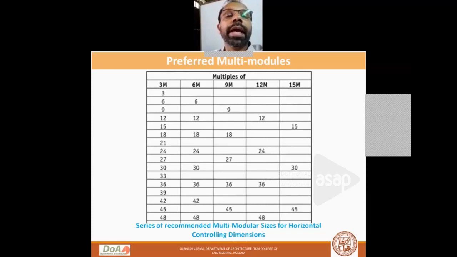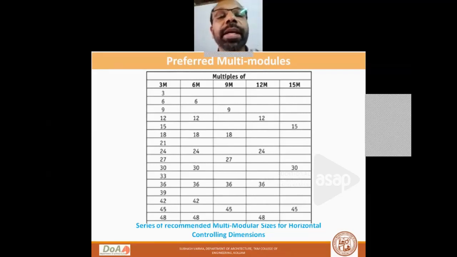So you can see that in the first column, the 3M module can be fit to more planning modules: 3 by 3 planning module, 6 by 6 planning module, 9 by 9 planning module, 12, 15, like that. So there are more options for the smallest basic module, the 3M module. It can fit to more number of planning modules.